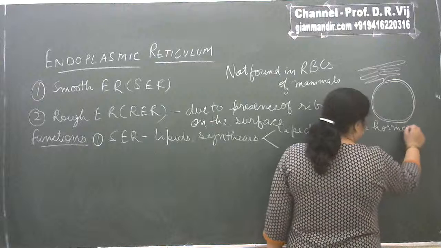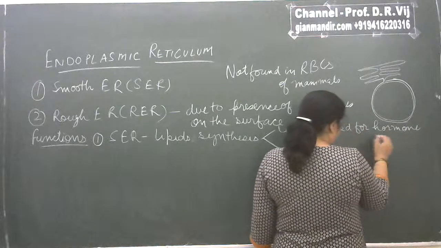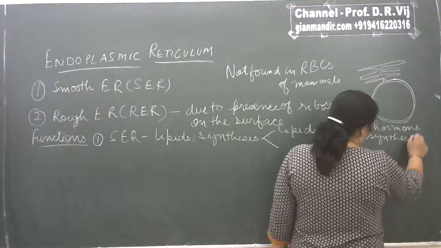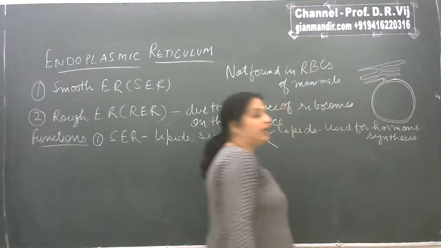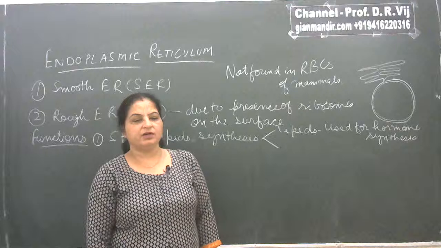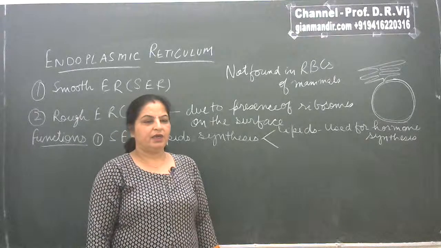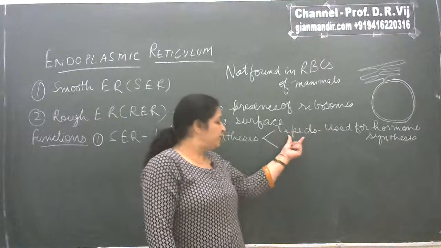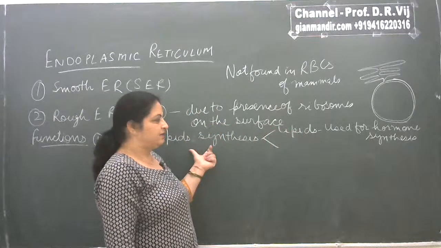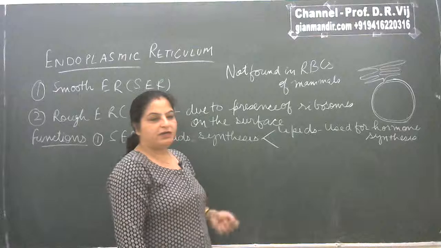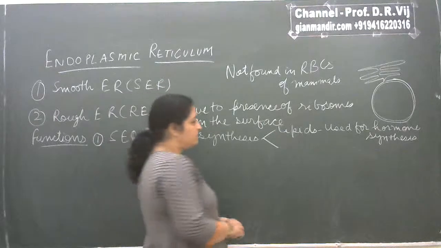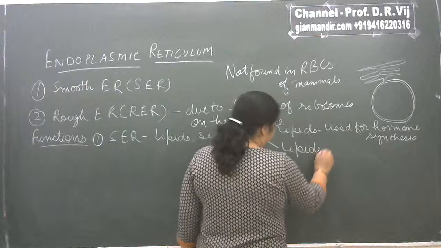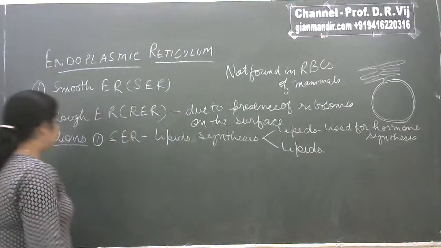And what are hormones? Hormones are chemical substances that are present in our body or in the body of any organism, and they are responsible for controlling the development and metabolic functions of the body. So some of the lipids synthesized by smooth endoplasmic reticulum are used for hormone synthesis, and other lipids are used for other functions about which we will be discussing.